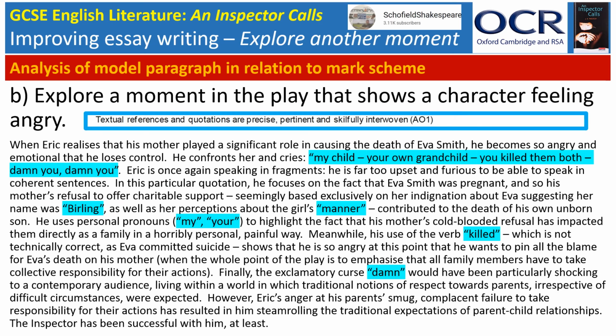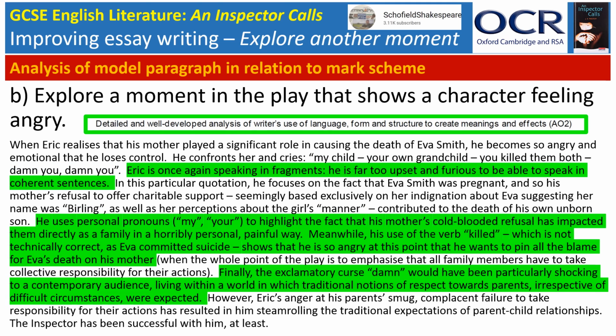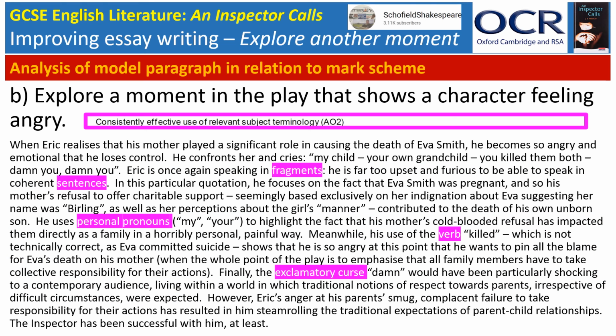There are plenty of textual references, both used as quotations, but also re-quoted to allow me to give more pertinent insights. The analysis of language, form and structure is particularly detailed, aided by the re-quoting of individual words. Finally, I use subject terminology naturally and accurately.